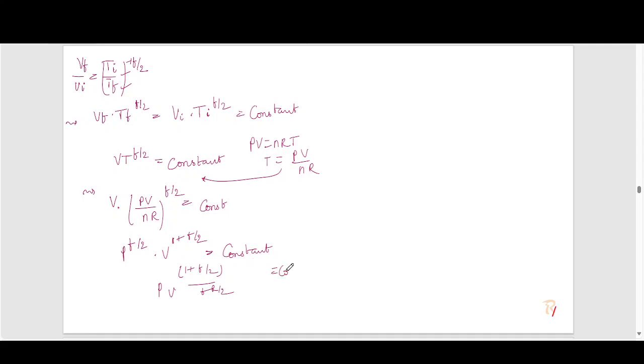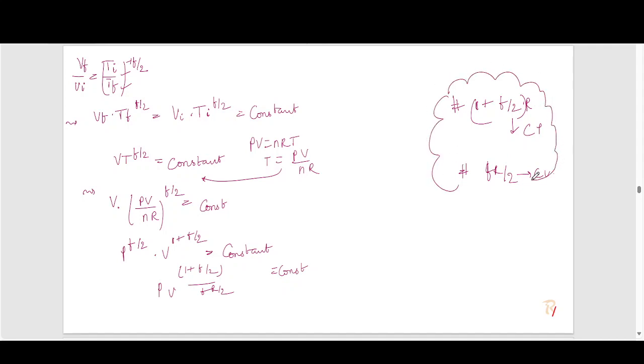is equal to a constant. Let me give you an idea. 1 plus f by 2 into R gives me Cp. f R upon 2 gives me Cv. Therefore PV to the power of Cp upon Cv is constant.